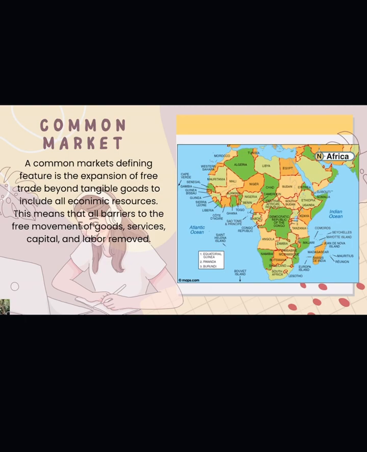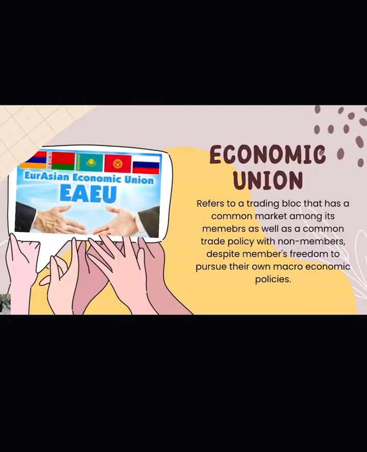Now let's go to the next one. Lastly, we have the economic union, a term to describe a trading bloc that has a common market among its members, as well as a common trade policy with non-members, despite members' freedom to pursue their own macroeconomic policies.